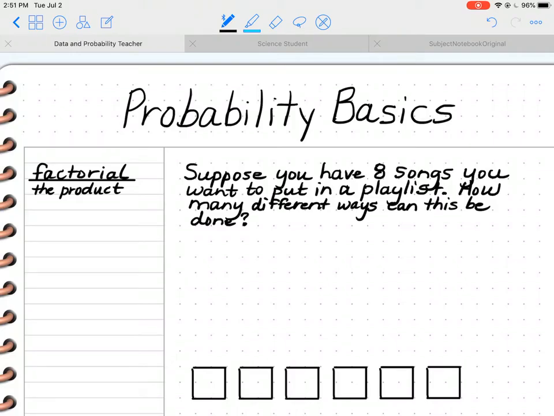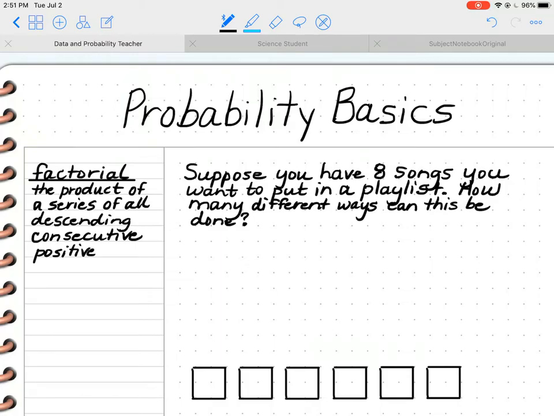The product of a series of all descending, which means getting smaller, consecutive positive integers, don't panic, from a given starting point.